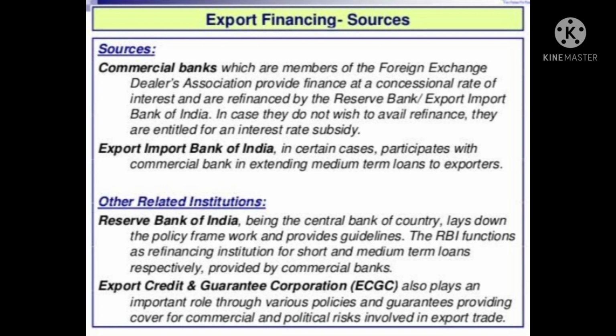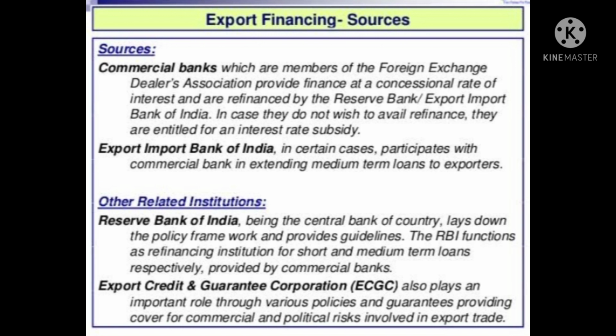Now, the RBI functions as a refinancing institution for short and medium term loans respectively provided by commercial banks. So, the RBI will support the commercial banks in extending short and medium term loans by giving them refinance.